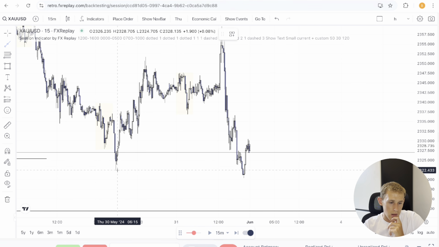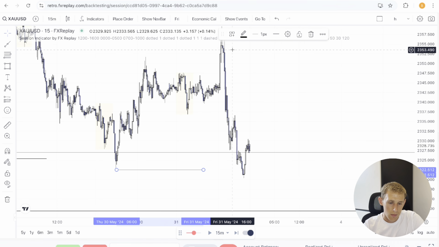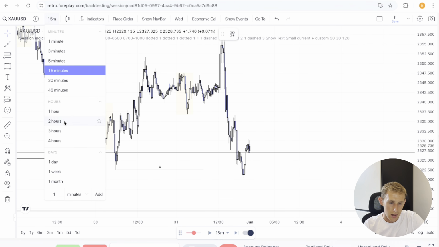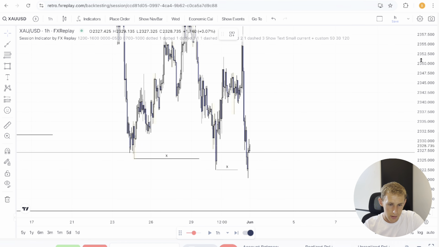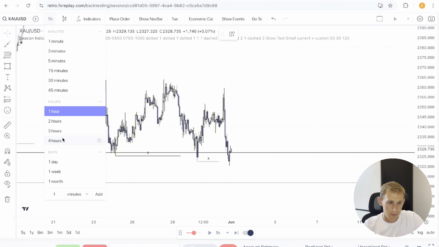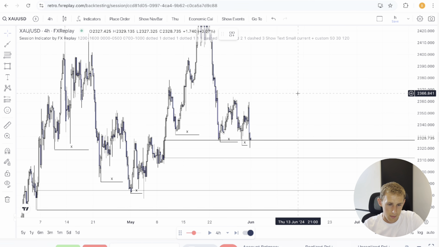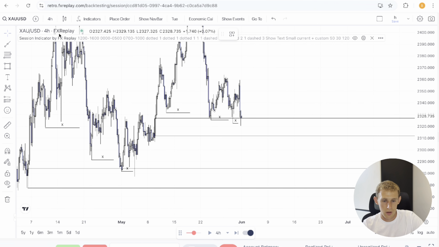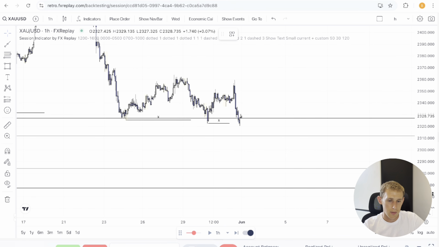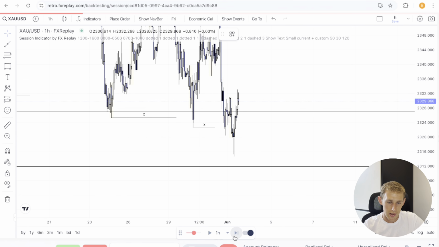We've had a sweep of the low again. Maybe we could see some buys from here. Yeah, so to be honest, it's kind of in this range again. I'm not that interested in trying to trade this.